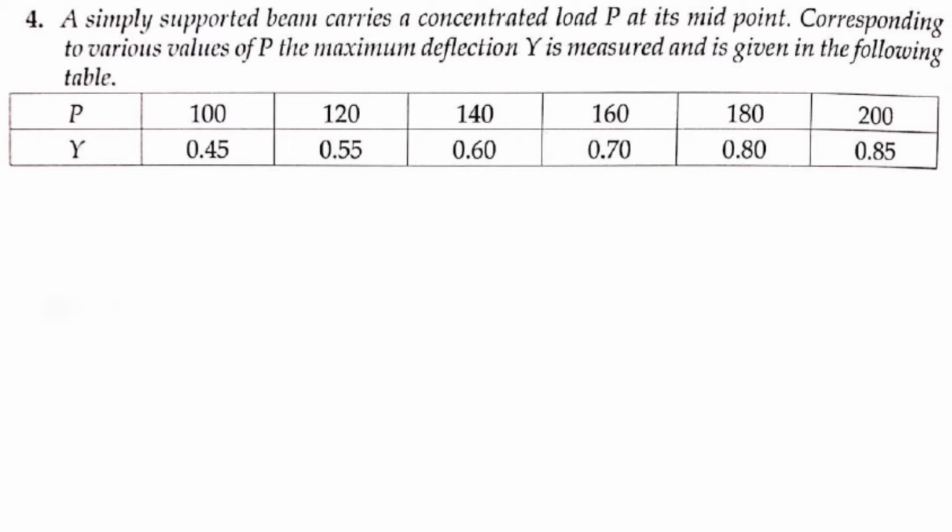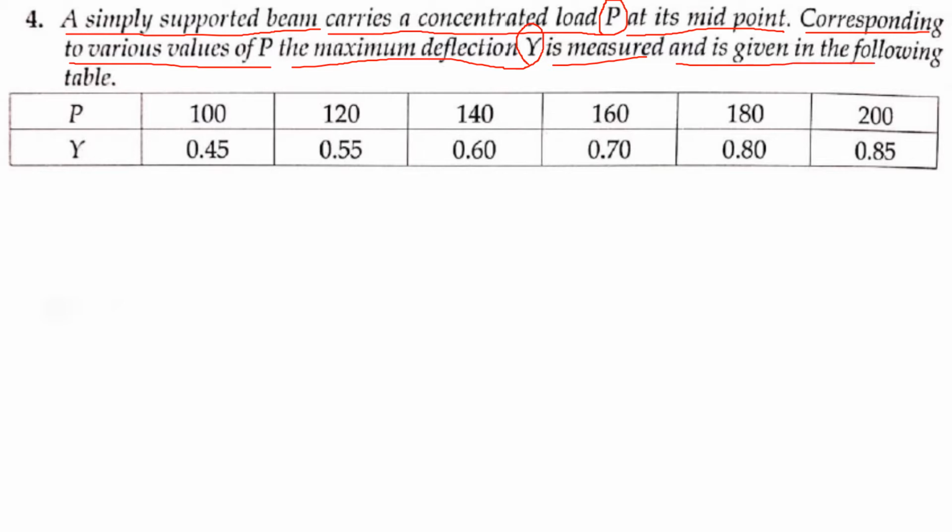The problem is: a simply supported beam carries a concentrated load P. So we got one variable which is P. At its midpoint, corresponding to various values of P, the maximum deflection Y is measured and is given in the following table.